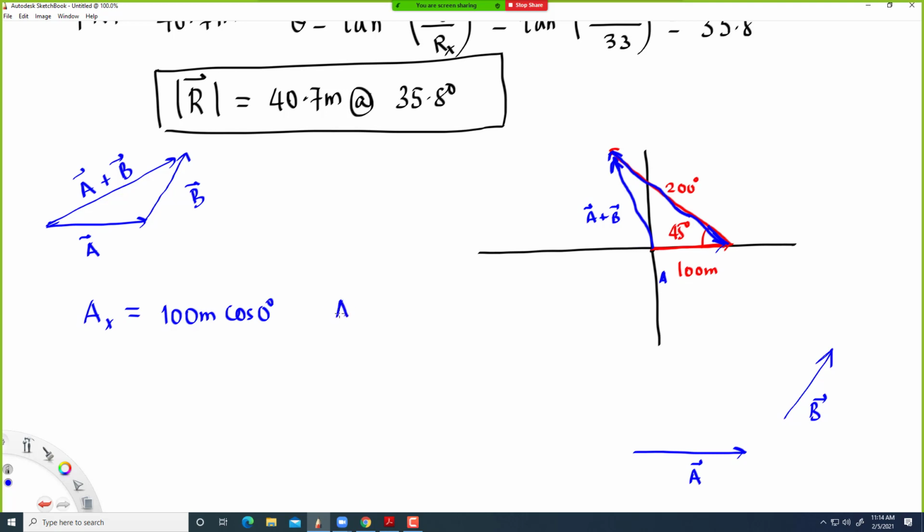And then Ay is 100 meters sine 0. So this is for the first vector, this red one. And for the second vector, this one, this is 200 meters, not degrees. Bx is 200 meters cosine.